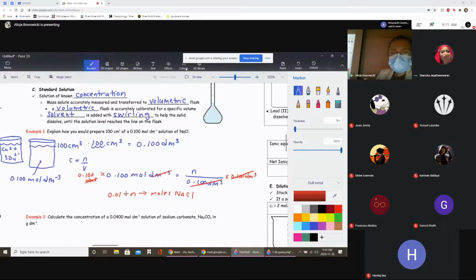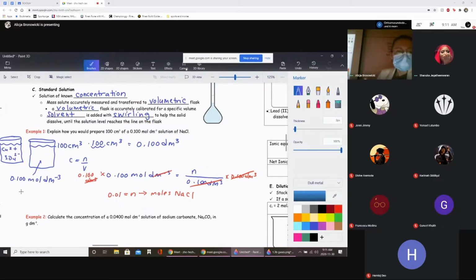Now when I go to make my solution, I pour my 100 cubic centimeters of water, and then I go to put my salt into it, but this is moles. Can I weigh out moles on a scale? I can't weigh out moles on a scale, right? A scale takes grams, so what do I need to do?